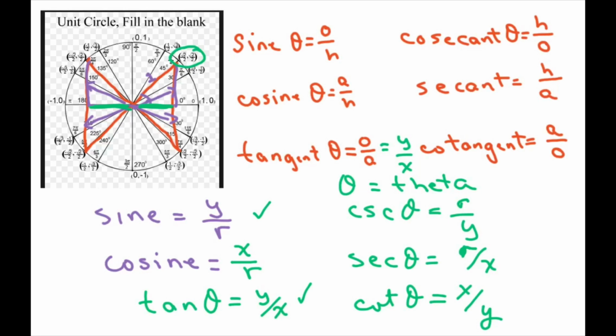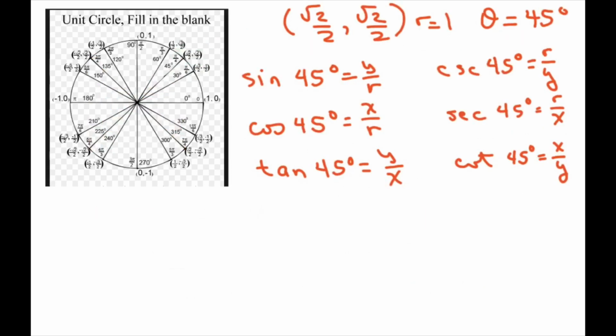And now we're going to use x, y, and r. So for 45, which is right here, my ordered pair is square root of 2 over 2 and square root of 2 over 2. And my angle is 45 degrees.